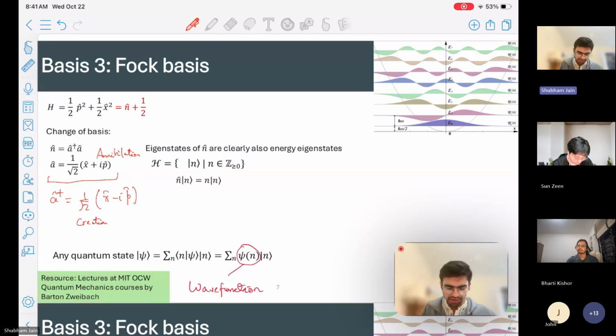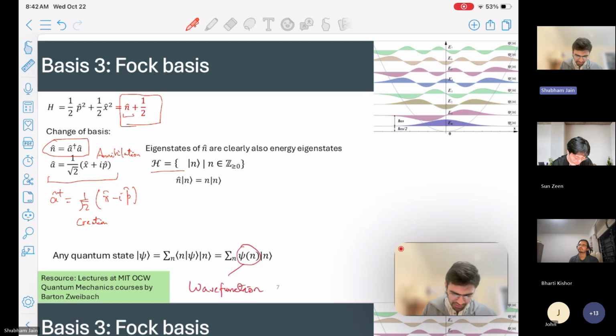But what it gives us is a very simple Hamiltonian. Instead of this p squared plus x squared, we have a very simple Hamiltonian of just one operator, the number operator, here. This is linear in the number operator, and essentially all the eigenstates of the Hamiltonian now become the eigenstates of the number operator n.